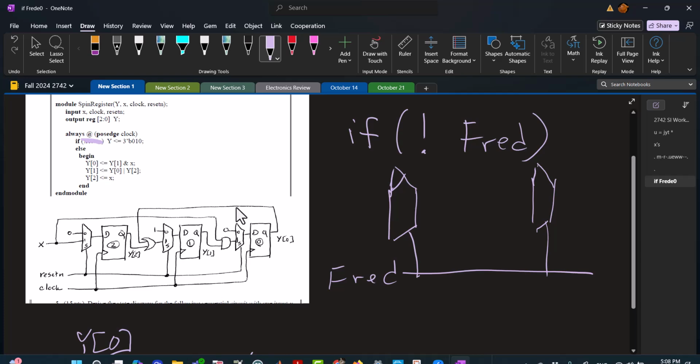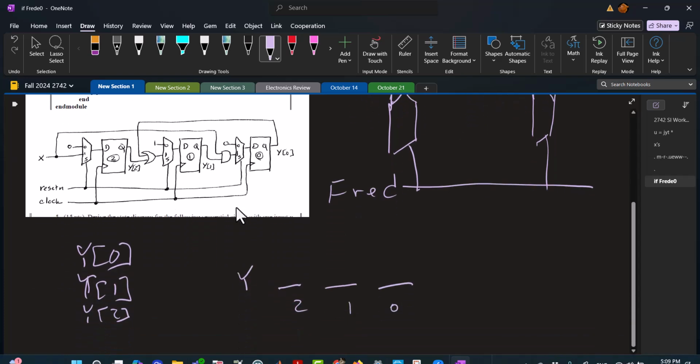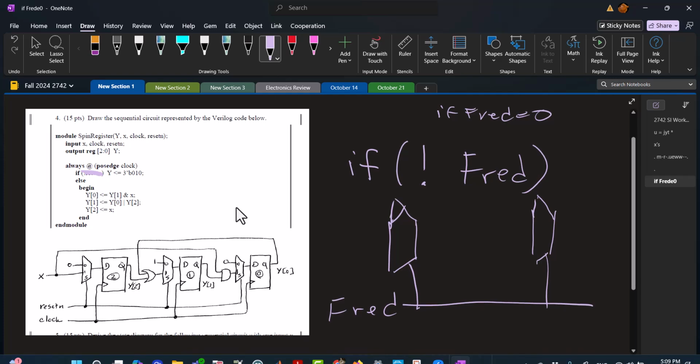And it says if Fred equals 0, then Y becomes equal to 0, 1, 0. This is Y2, this is Y1, this is Y0.